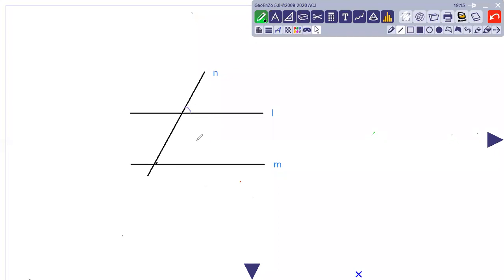So this angle and this angle will be equal. They are called corresponding angles. Corresponding angles, these two angles will be equal.